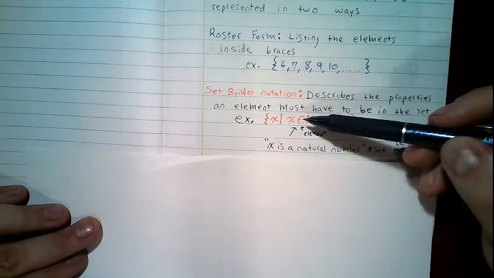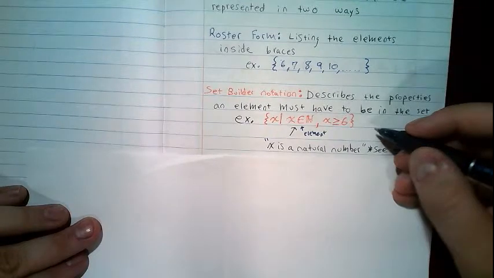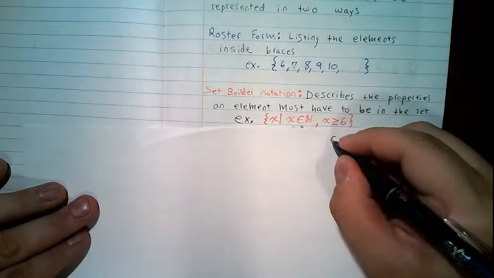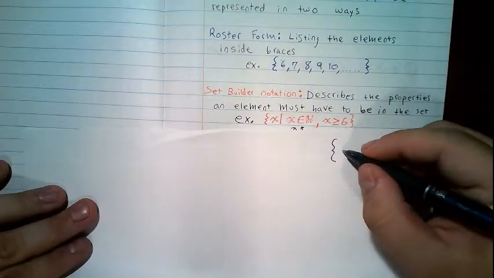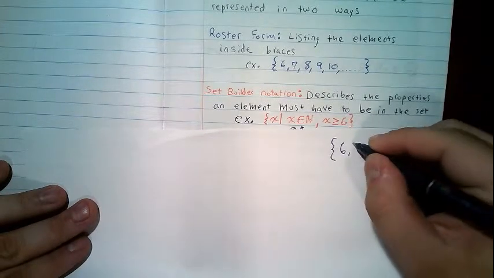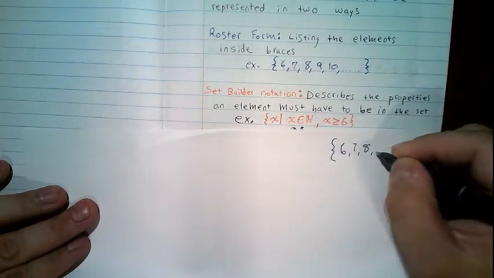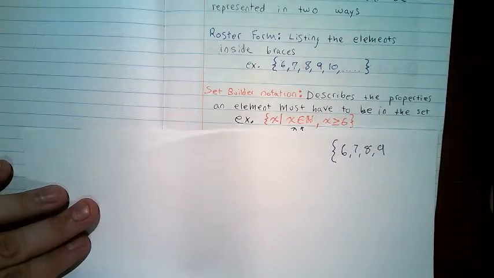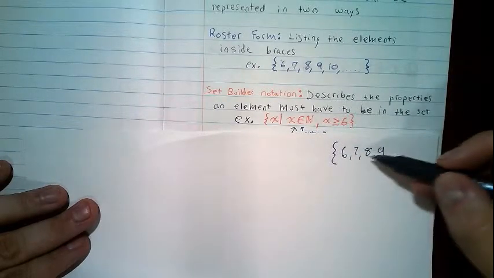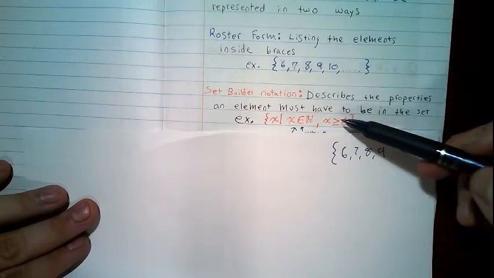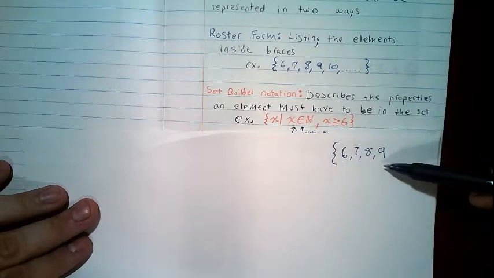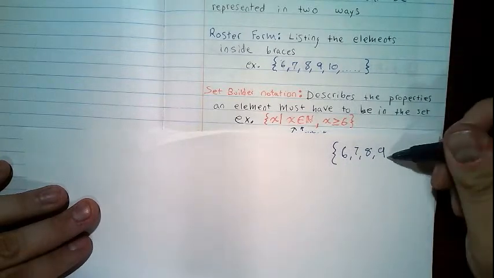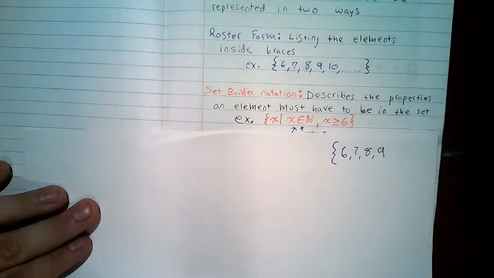So if I were to switch this into roster form, that would be 6, 7, 8, 9, right? These are all natural numbers. They're greater than or equal to 6. But I'd have to keep going on and on, right?